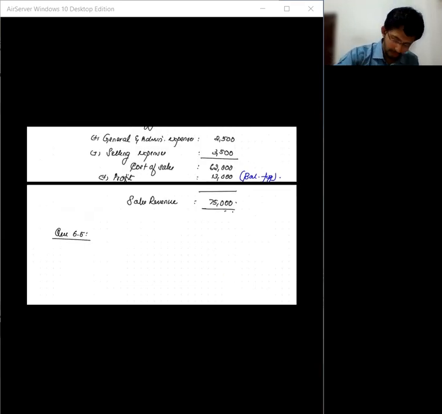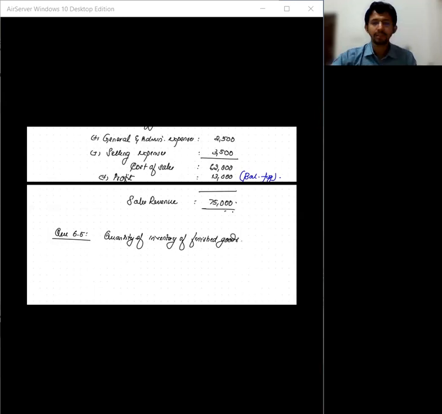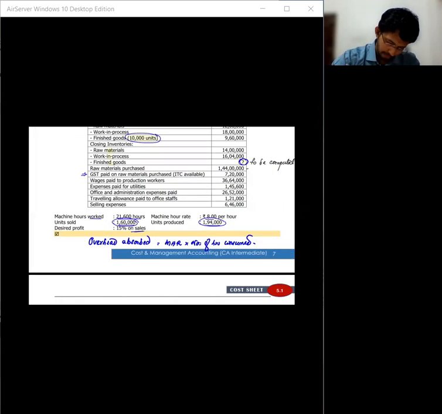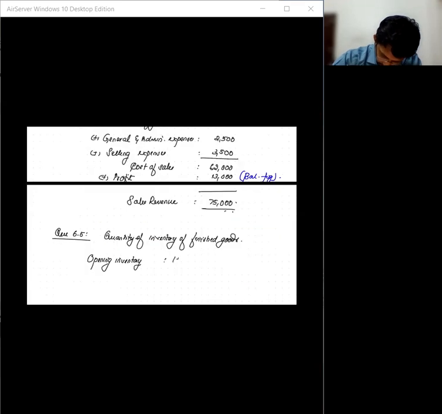So first we will compute the quantity of inventory of finished goods. Opening inventory: what is the opening inventory? Opening inventory is 10,000 units.